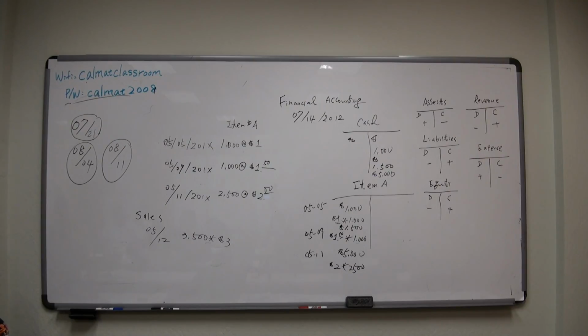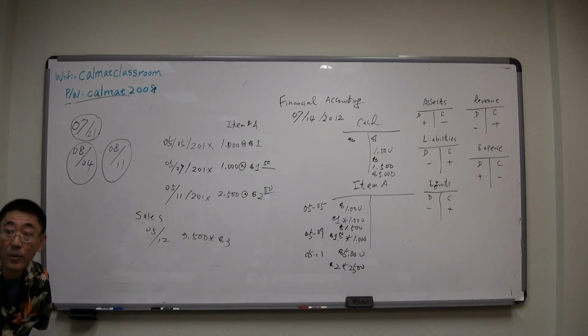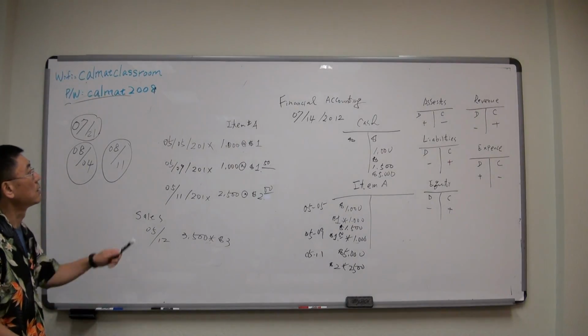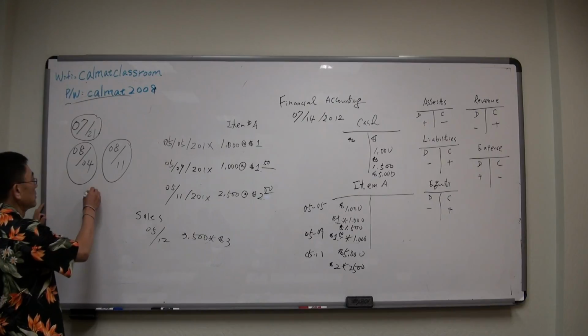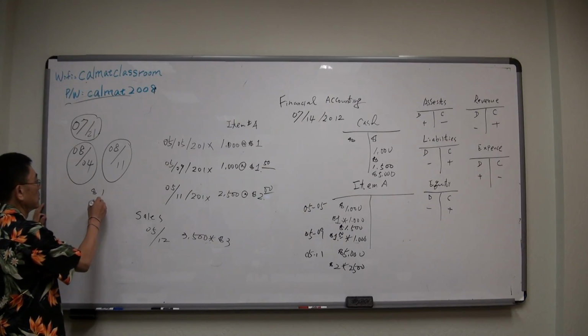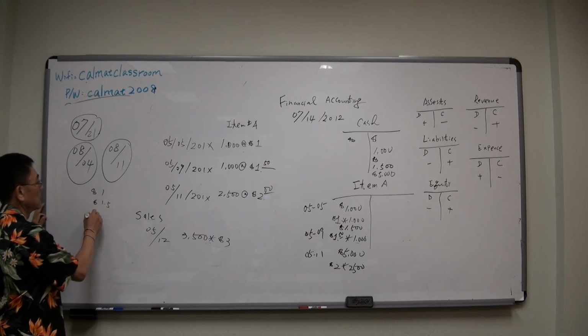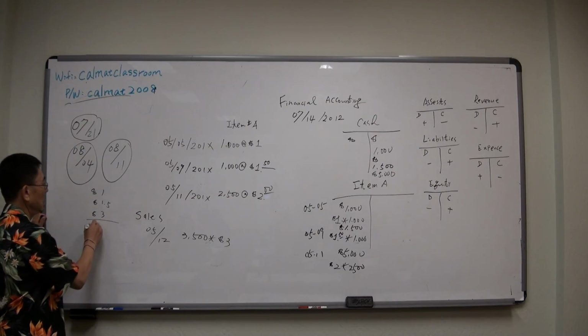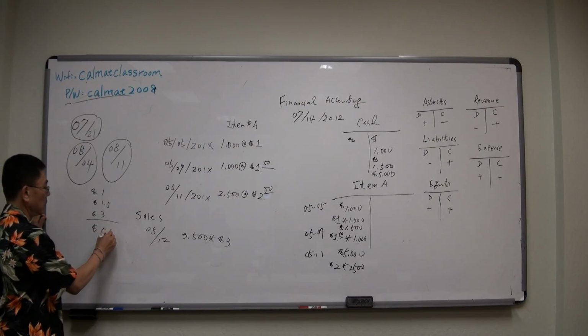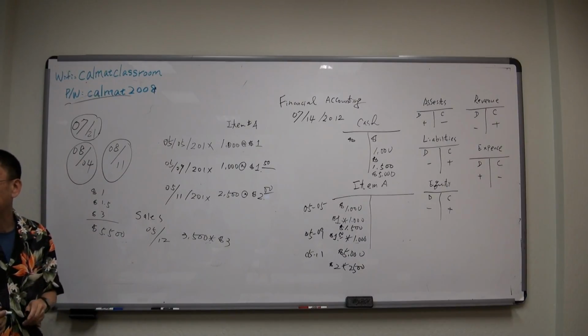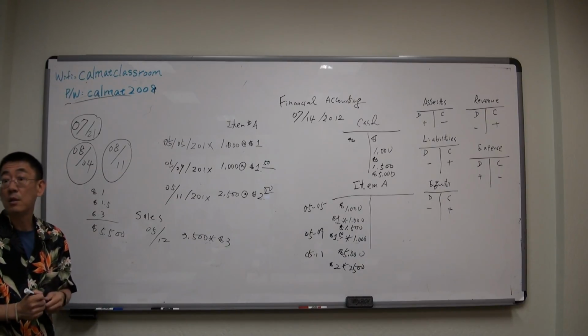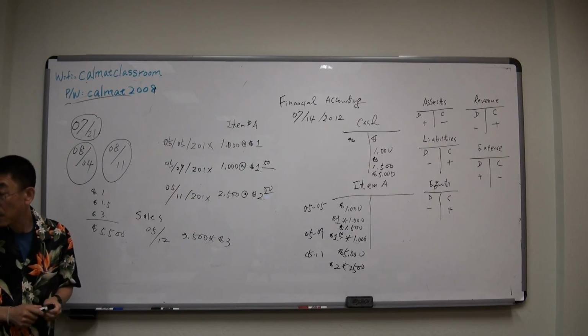Or LIFO, last in, first out. So if we use FIFO, how much is the total? Am I right? If we use FIFO, it's 5,500.